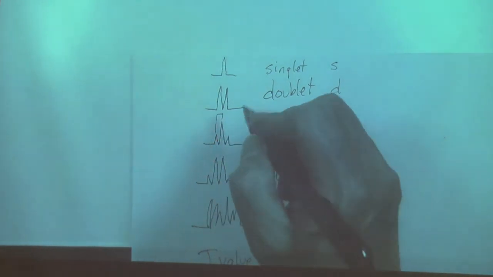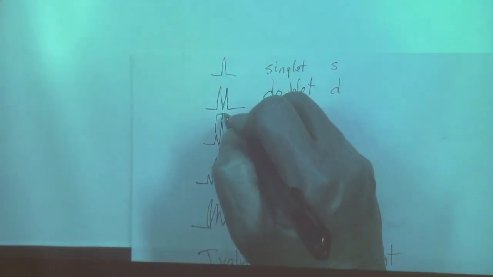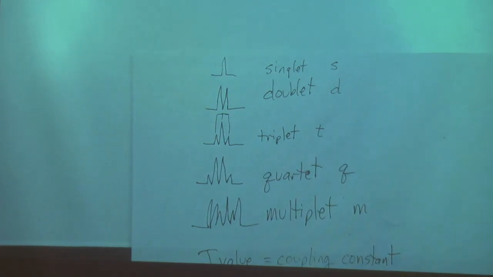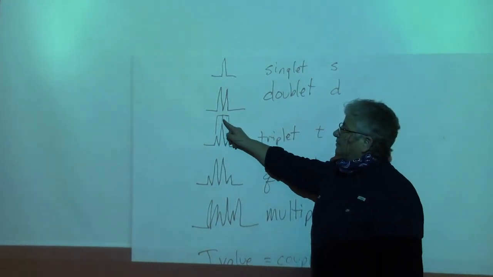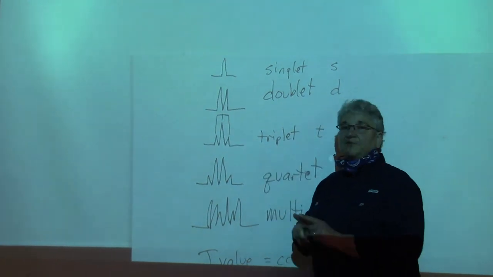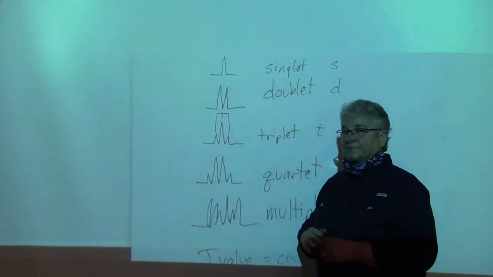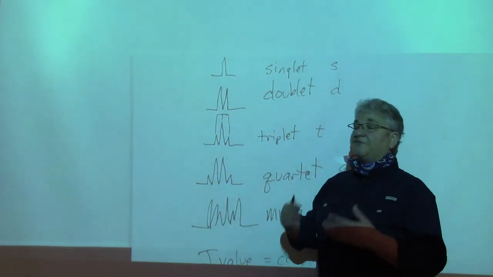That distance needs to be the same as that distance. So the distance here and the distance here have to be the same, and if they're the same, that's your J value, whatever value that is.